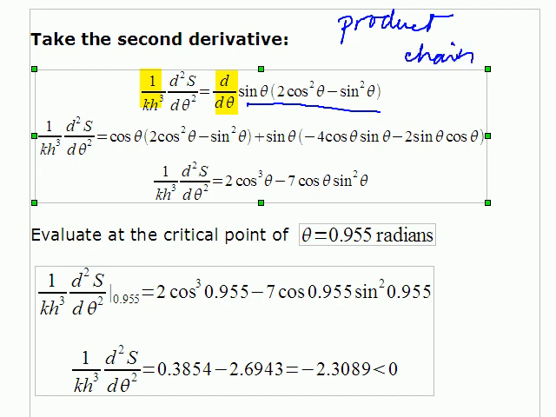Okay, using the product rule, I hold, let me get this cleared up a little bit. Okay, I'm going to hold this constant, that's what's going to happen here, and take the derivative of sine theta, which will give me cosine theta. Then I hold sine theta constant, and I take the derivative of what is in the parentheses.